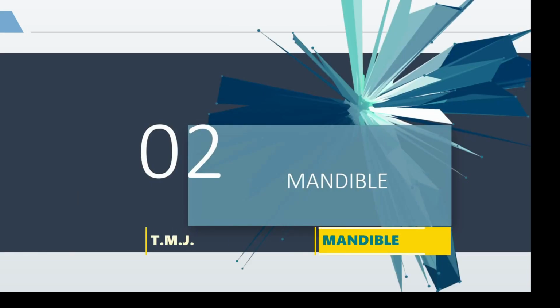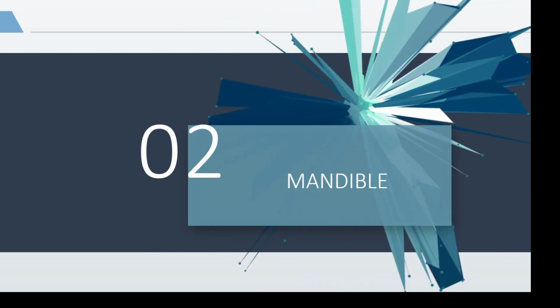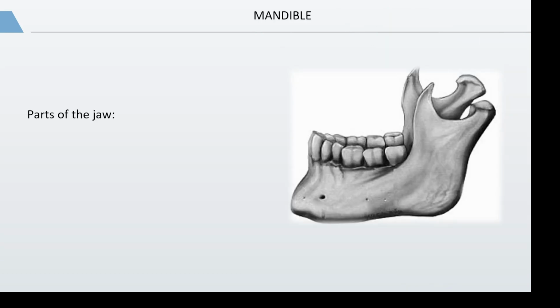And then we will talk about the mandible, the main bone of our jaw. Our mandible is the main part of our temporomandibular joint, the only bone in our head that has more mobility than the others.